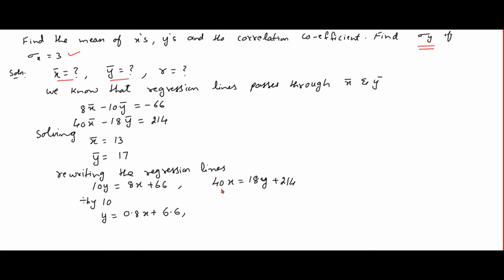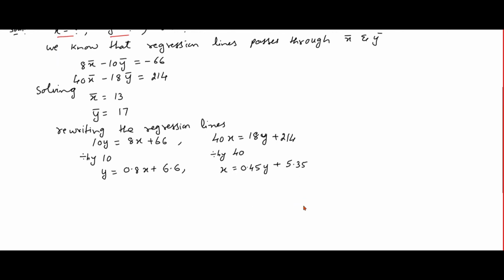Over here I have 40x is equal to, so I'll divide by 40 throughout. You'll get x is equal to 18 by 40. Just divide 18 by 40, how much will we get? 0.45 times y plus 214 divided by 40, which is 5.35. So these are the two equations that we have.